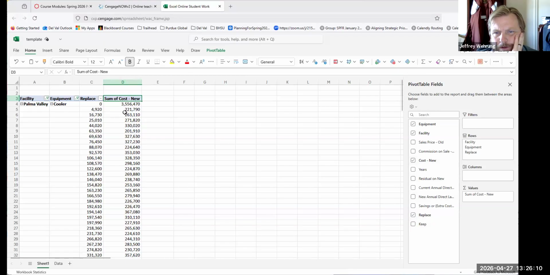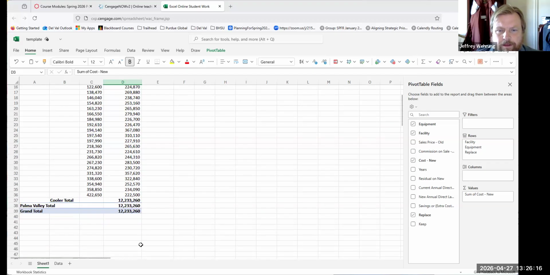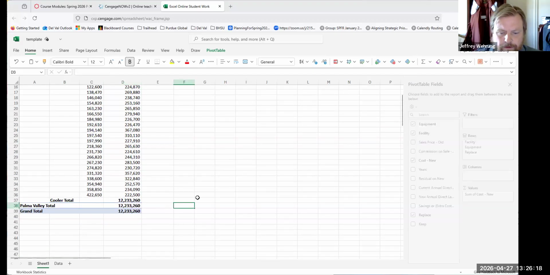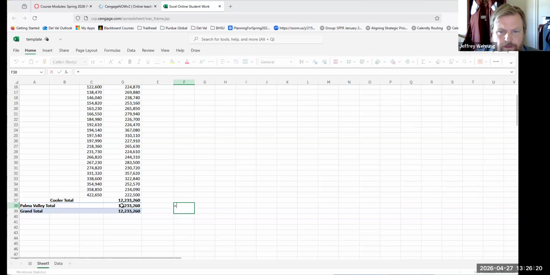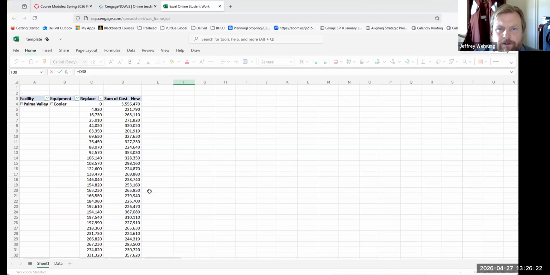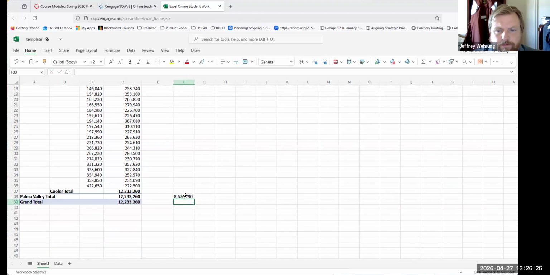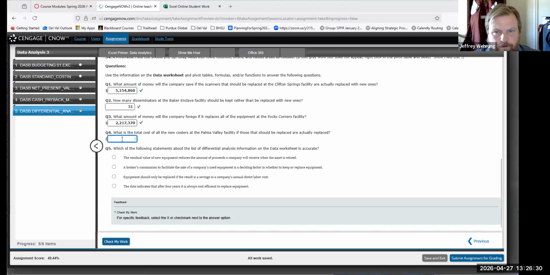This is really interesting. Okay, so I want this number equals this number minus the ones that we're going to keep. Right, so I want the cost of all the new ones minus the ones that we're going to keep. Let's see if that's what they're looking for.